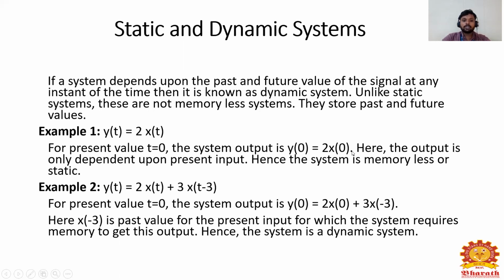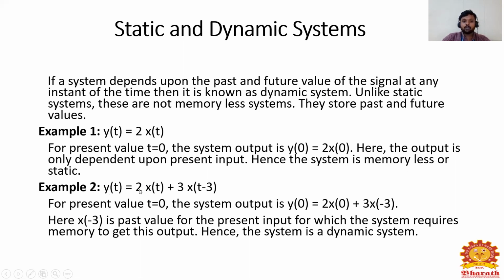So the output only depends on the present input, because x of 0 is the present input. Therefore, if the output depends upon the present input, then the system is memoryless or static.